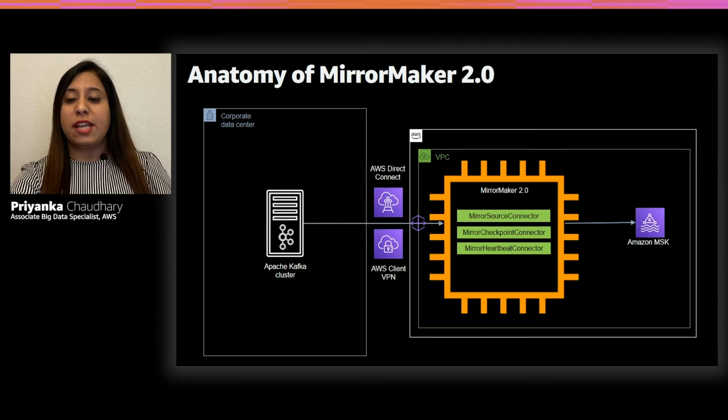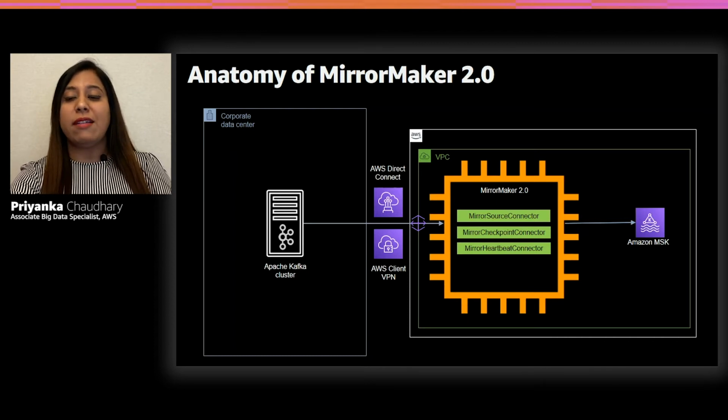Number two, the mirror checkpoint connector. The mirror checkpoint connector is the one where you can send the consumer checkpoint to the destination cluster. So basically, it's the one which can help you in keeping the replication up to date. Number three, the mirror heartbeat connector.